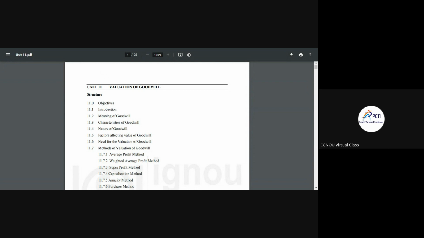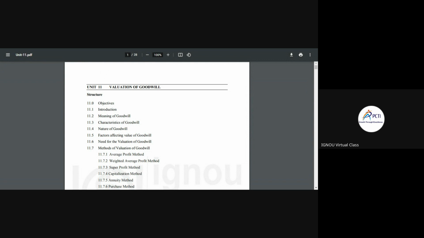So we need to know how we can calculate the goodwill and how we can analyze the valuation of goodwill. We have different kinds of formulas while we are calculating the goodwill, or showing the goodwill in the balance sheet on the asset side. Goodwill has its own value in terms of money also.